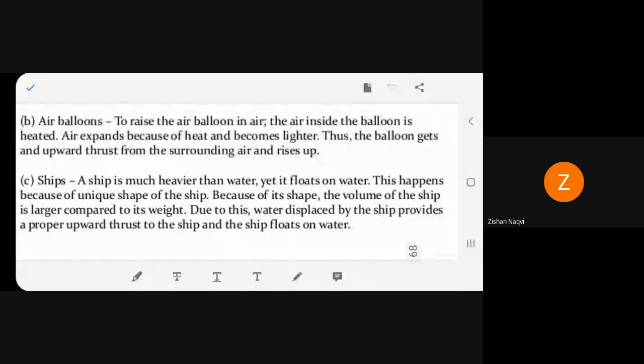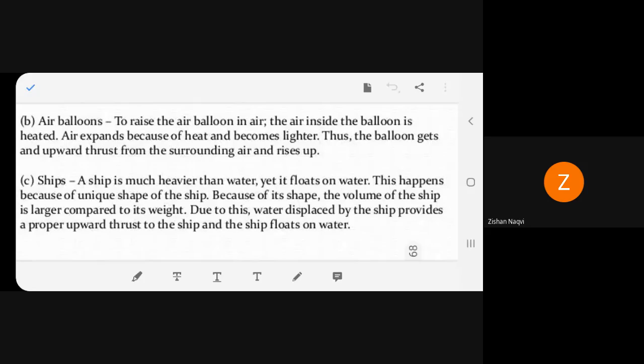Yes, because warm, heated air is lighter than the normal air. So when it is light, it goes up in the air. It gets the upward thrust from the surrounding air and it rises up.